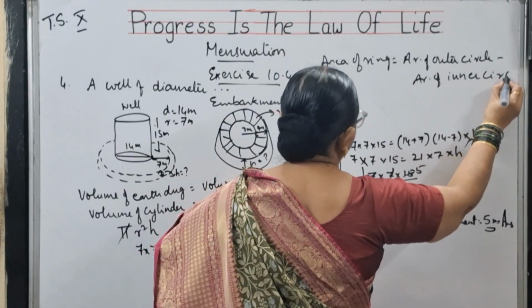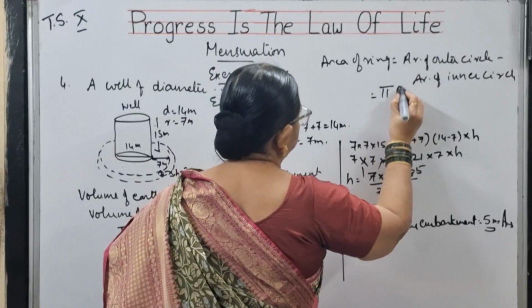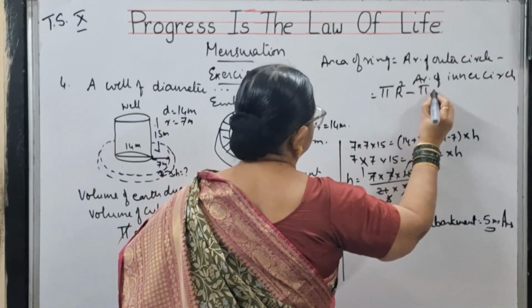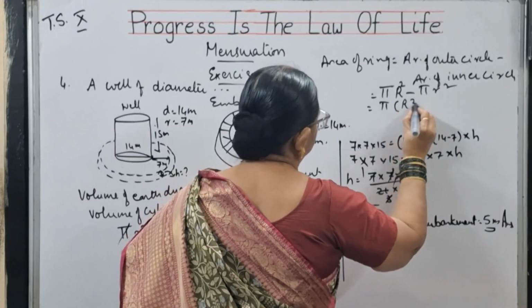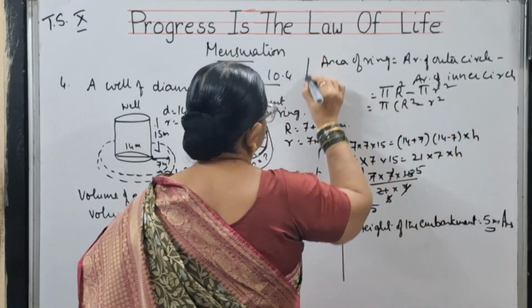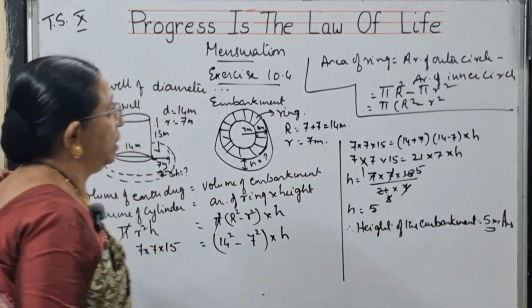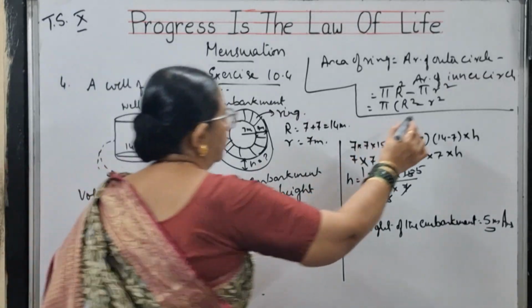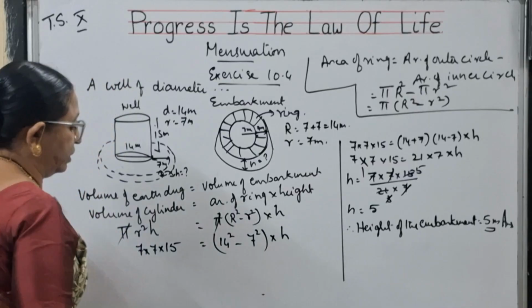This is the formula, children. Outer circle with radius capital R is pi R square, minus inner circle with radius r is pi r square. So if you take pi common, it is pi (R square minus r square). This is only for your understanding. If you have forgotten your previous knowledge, you can go through this, children. So that formula I have used here.